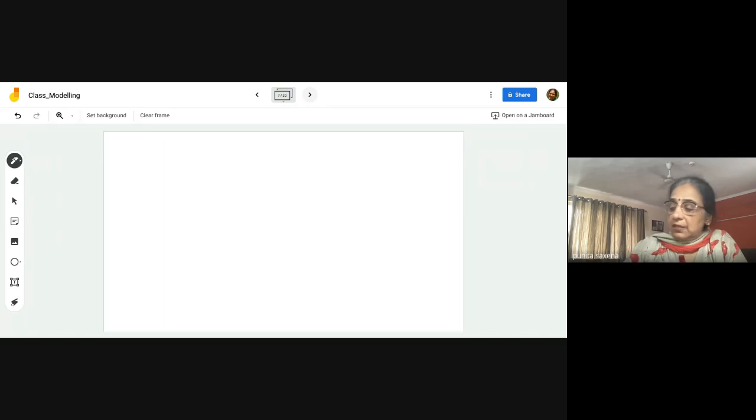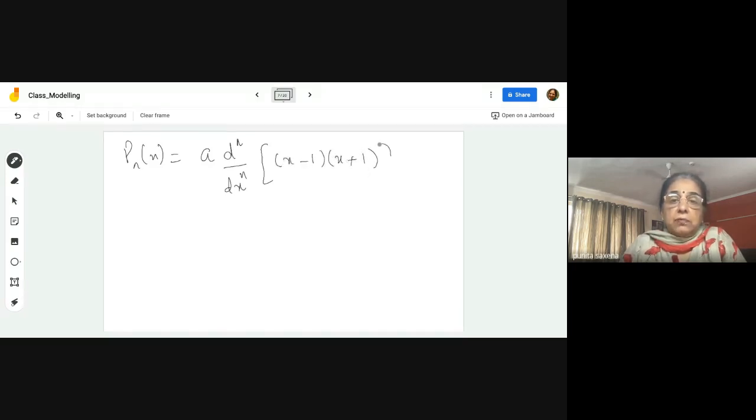Which means your Pn(x) is nothing but a into the nth derivative of x minus 1 into x plus 1 to the power n. Is it right or wrong?